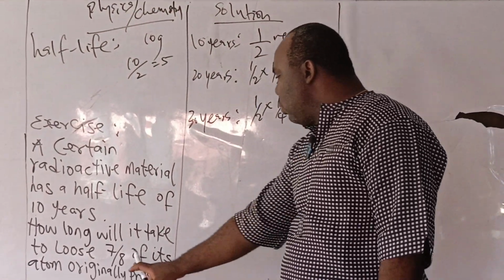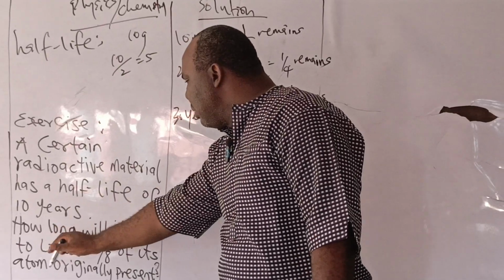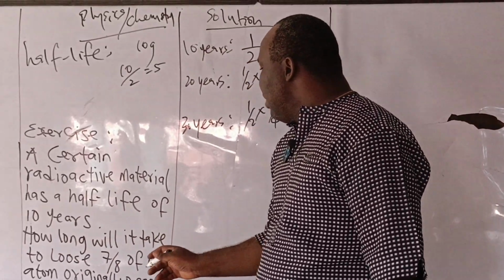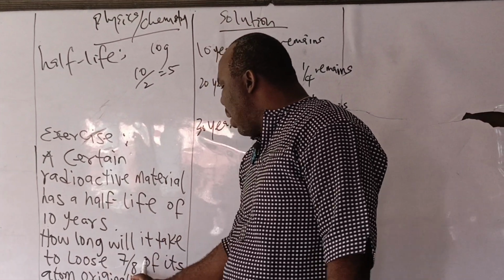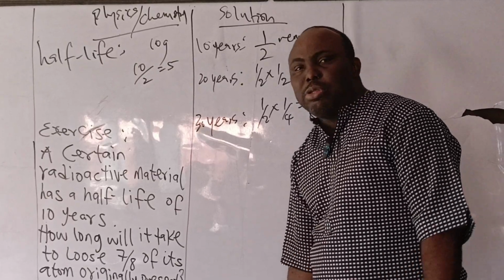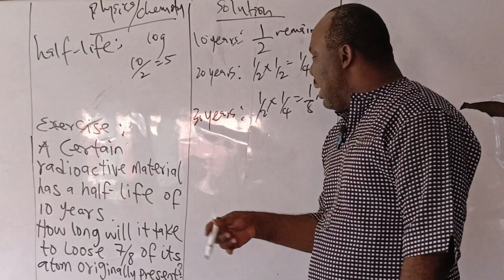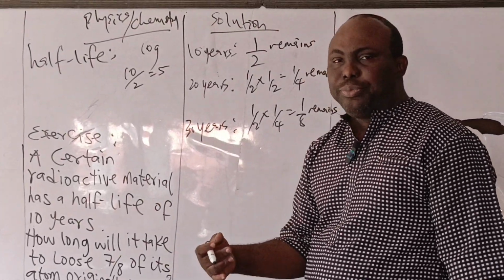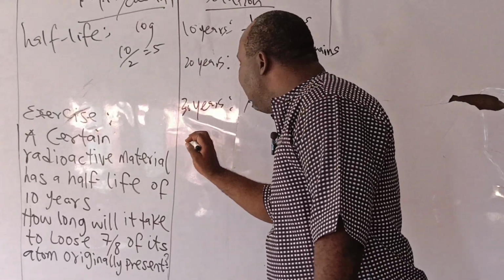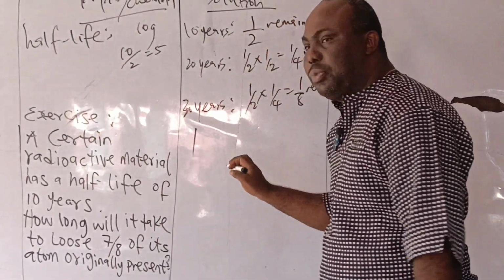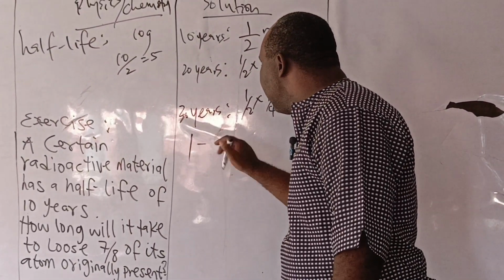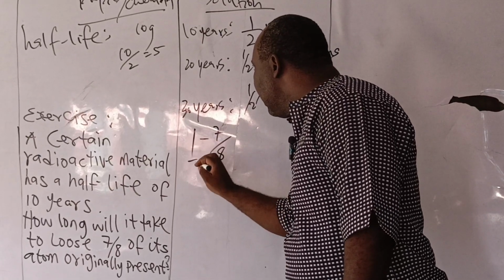Relating it to what we have, the question says, how long will it take to lose 7/8? If you lose 7/8, let's check the one that will remain. The whole fraction is 1, so 1 minus 7/8.